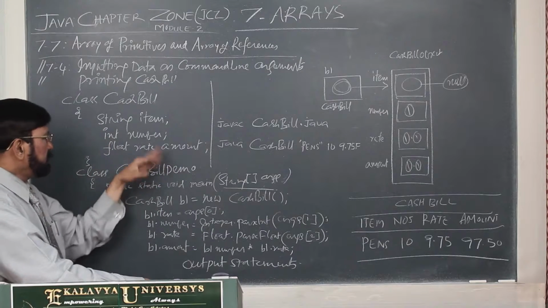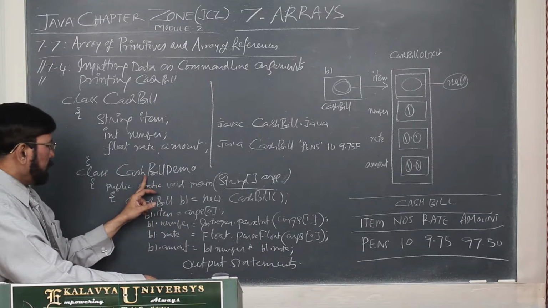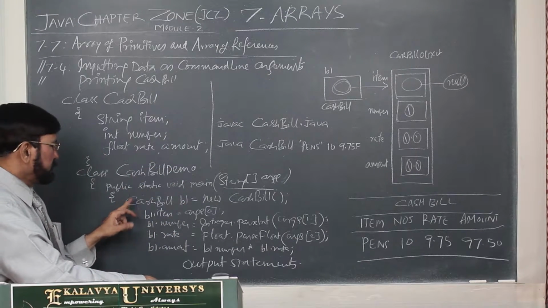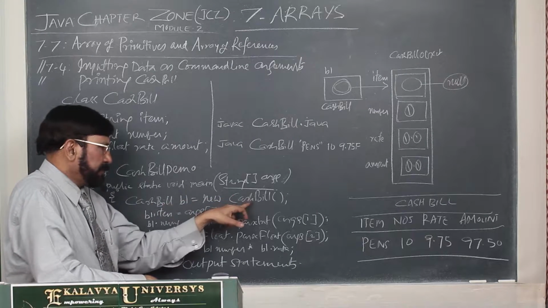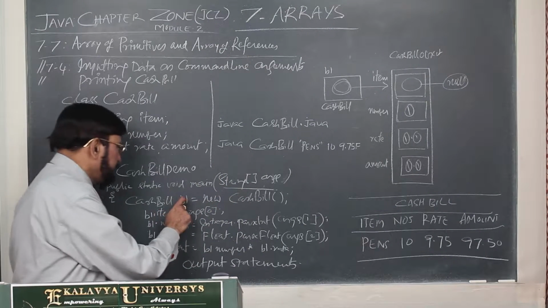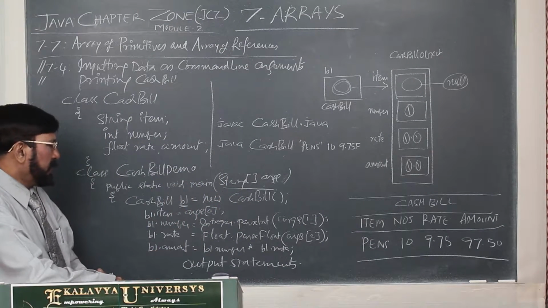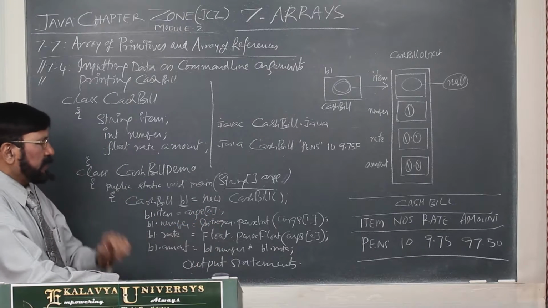Thereafter, for implementation of this blueprint, we have written the cash bill demo. In this cash bill, B1 object I am going to create.